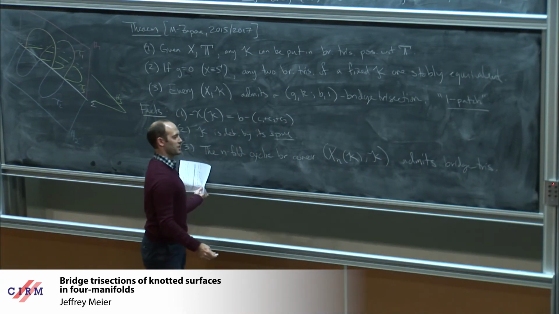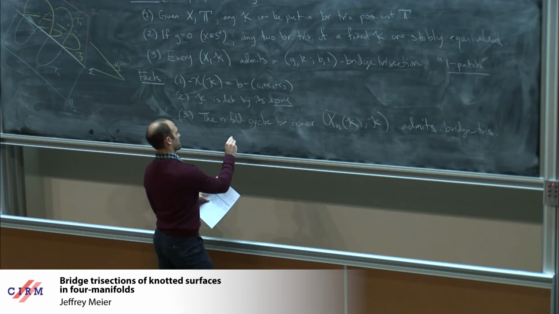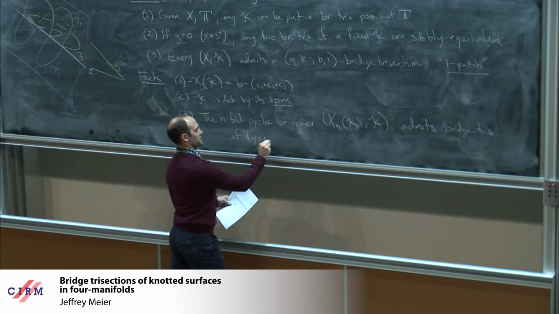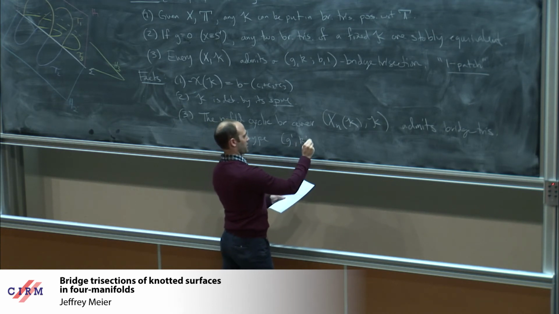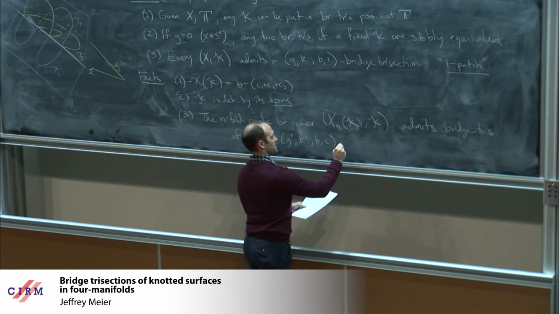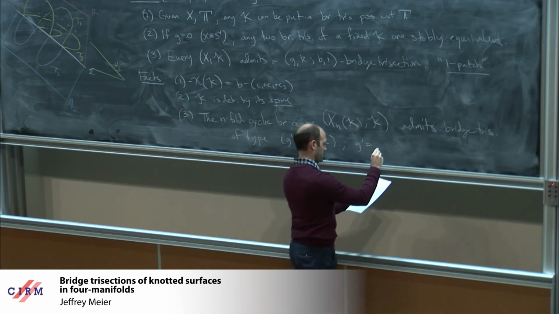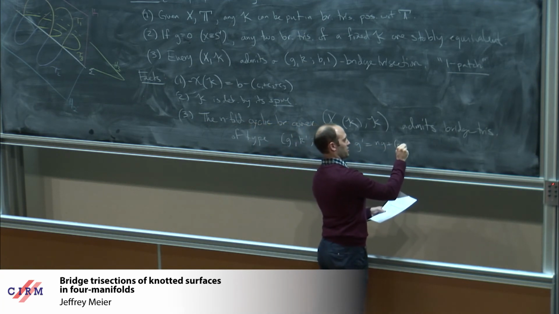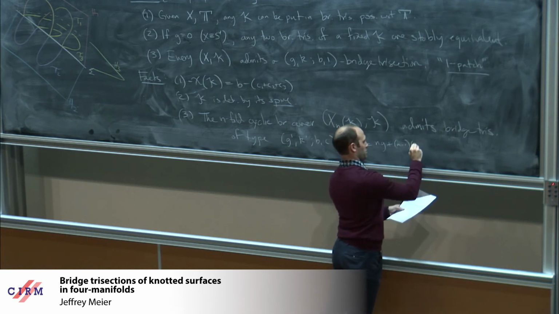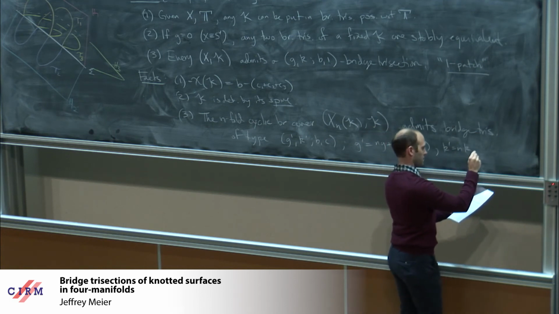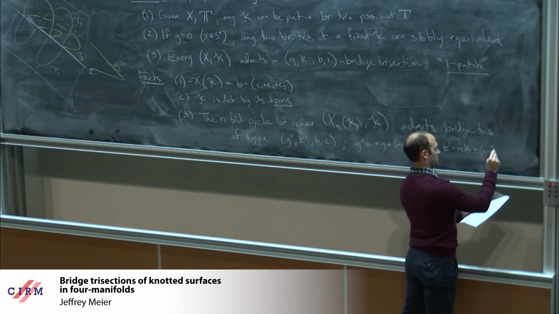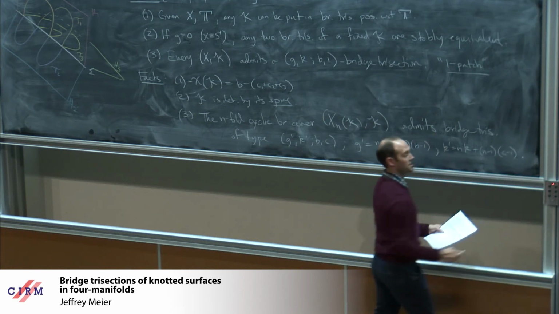And what type of a bridge trisection does it admit? It admits a bridge trisection of type, let's write it like this, (G', K'; B, C), where G' is nG plus (n minus 1) times (b minus 1), and K' is nk plus (n minus 1) times (c minus 1).